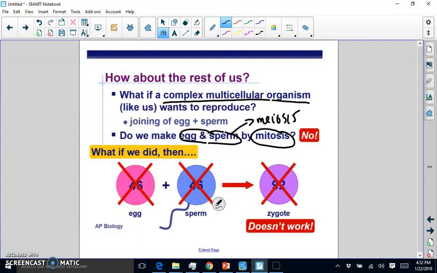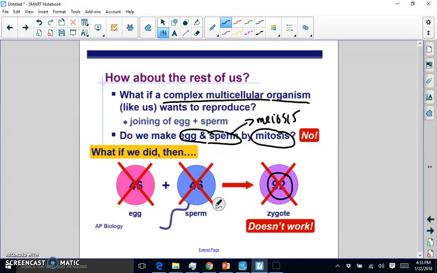But let's say, just for now, that the egg had 46 chromosomes and the sperm had 46 chromosomes. When they combined, they would then have 92. That's double the amount of chromosomes your normal cells have. And then in the next generation, remember this zygote is going to grow into a baby.